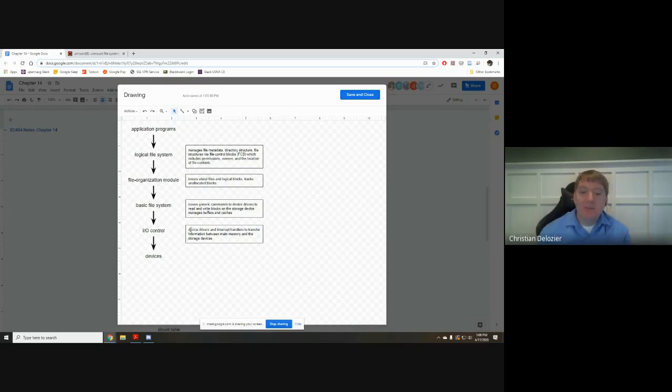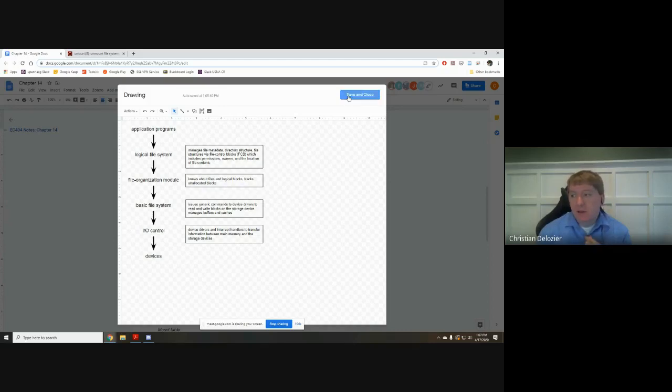And that's different from the SSD that I already have attached, or the HDD that's already attached. Those can all have vendor specific device drivers and interrupt handlers, as long as the basic file system commands can interact with them. We can substitute devices at will, and we can copy files in the same way and have the same upper level view of it, but different devices under the covers.